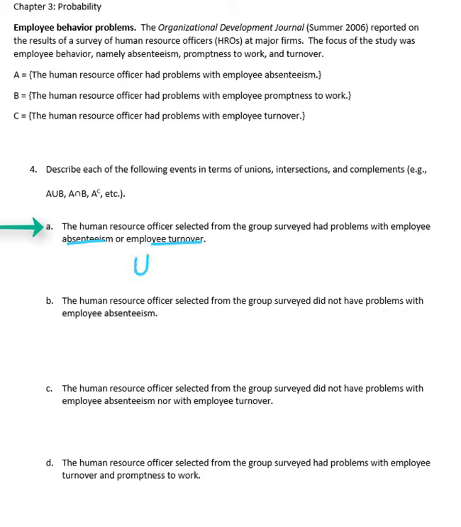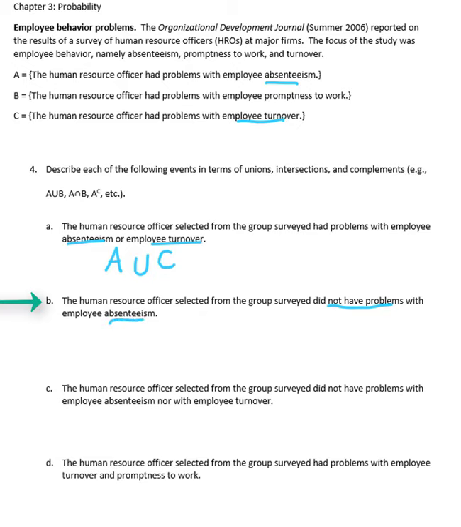The first event described is absenteeism, and that was event A. So we must need A in union with employee turnover, and that was event C. So A in union with C. Part B, the human resource officer selected from the group surveyed did not have problems with employee absenteeism.